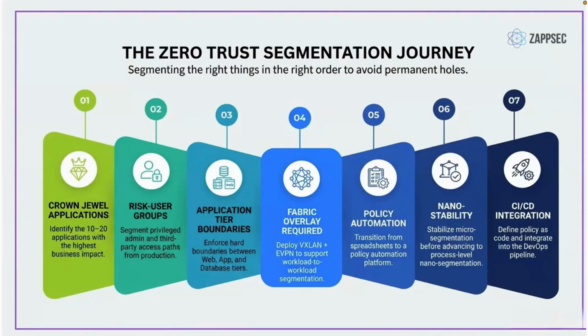Step 3 is application tier boundaries: web tier, app tier, and database tier, with hard enforcement boundaries. Deny all at each, and permit only the explicit traffic that needs to cross.